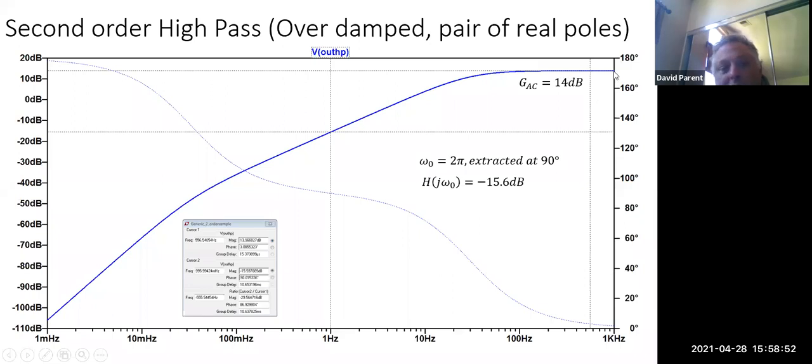We know that the AC gain here, it looks like I've measured it at 14 dB, and the phase goes from 180 to 0. So I'm actually going to pull off omega naught at plus 90. Since that was 1 hertz, omega naught becomes 2 pi. And then I write down whatever the gain was, minus 15.6 dB.